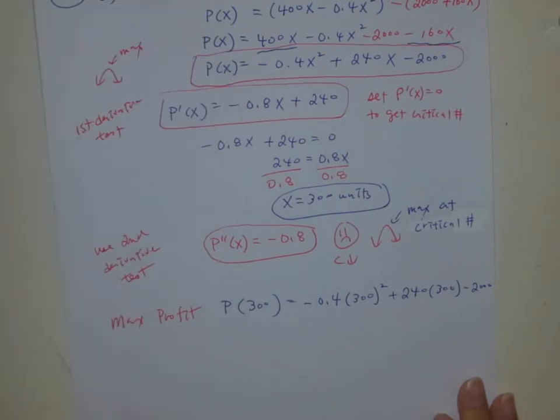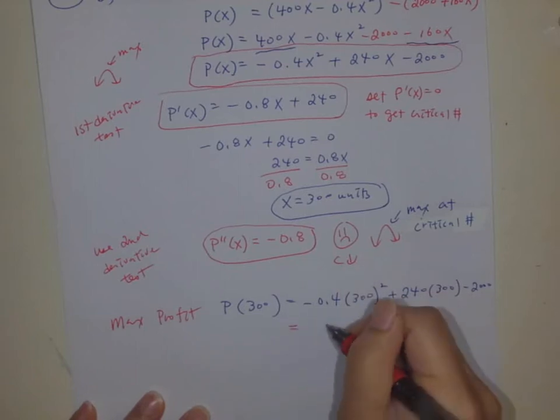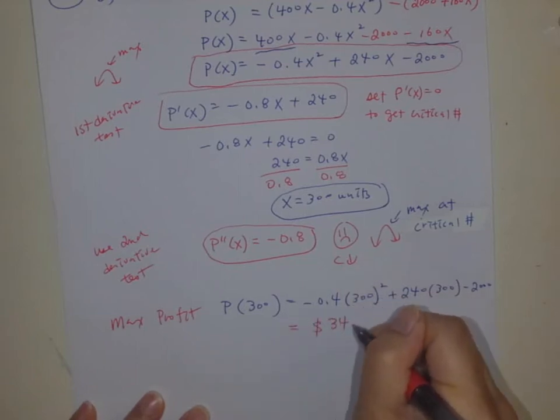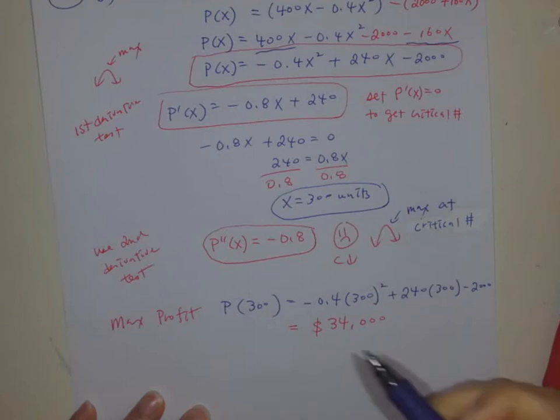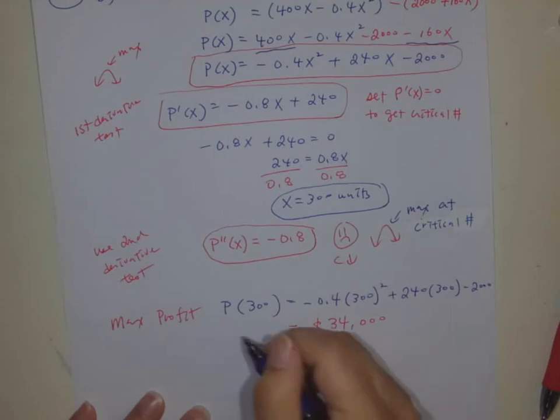Barely have enough room, sorry about that. If you plug it into the calculator, hopefully you get $34,000. So the profit is not quite the same as revenue, okay? That's your maximum profit.